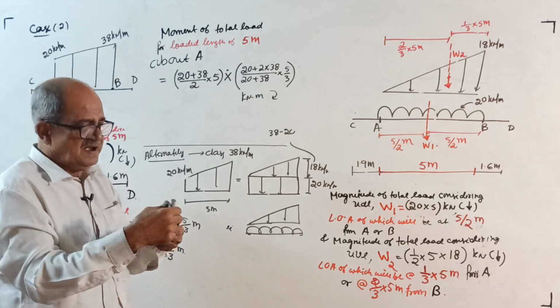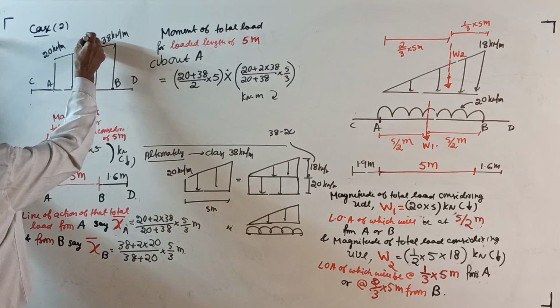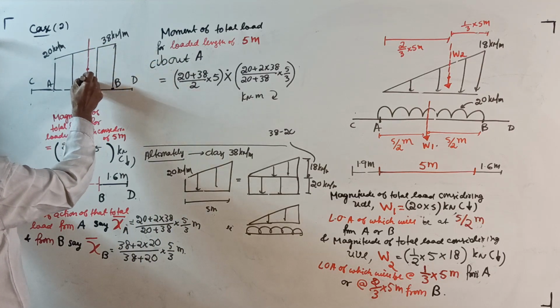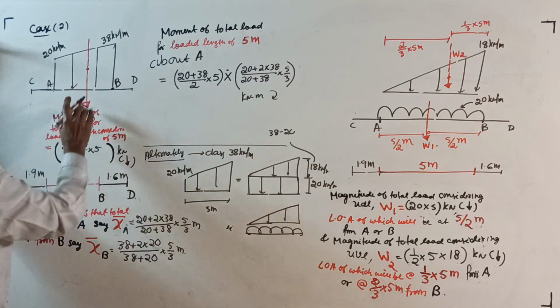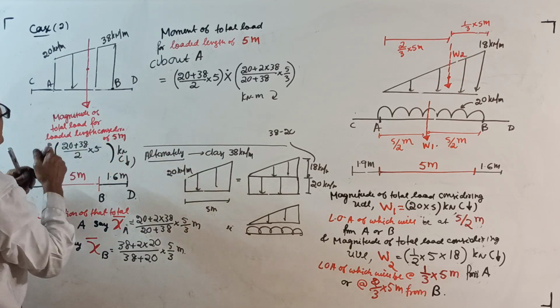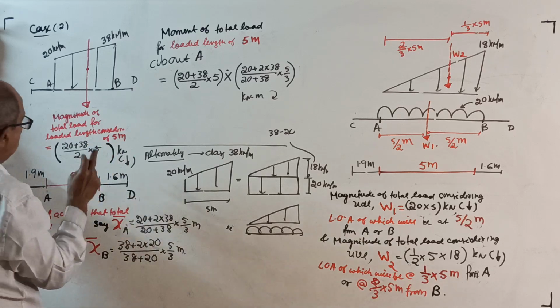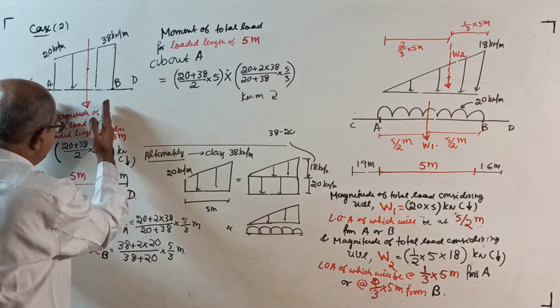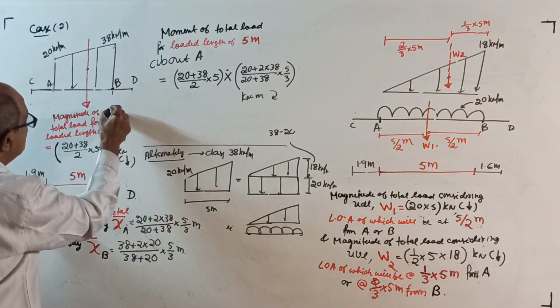See, the CG will be somewhere here. First consider the entire trapezium. This is the magnitude of the total load for the entire loaded length of 5 meter: 20 plus 38 divided by 2 into 5. That is slightly shifted here. Okay, no problem, not a big issue.